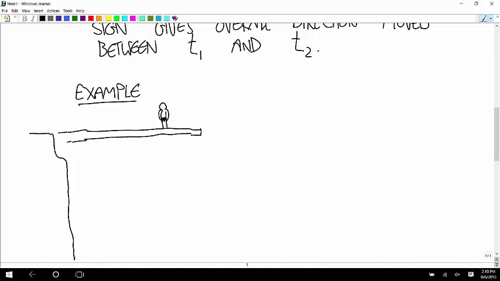And then here's the water down below. Don't forget to put the bungee on. Okay. So bungee jumper. Oh, we need one more little. Let's say right here, there's a bird's nest.